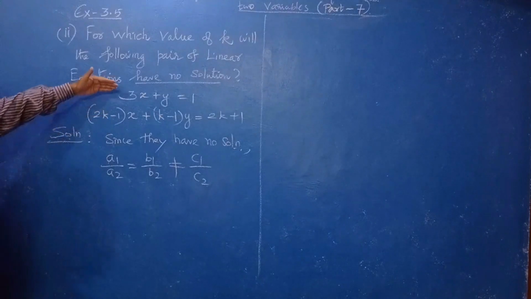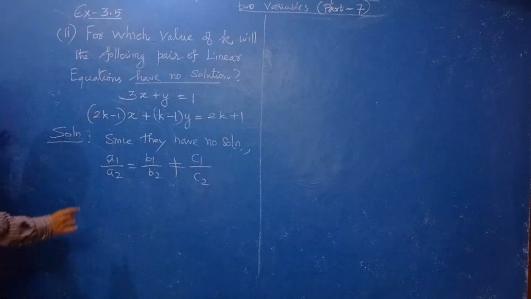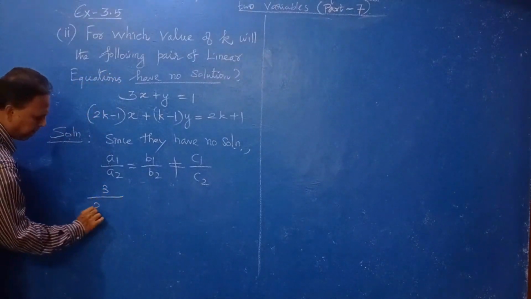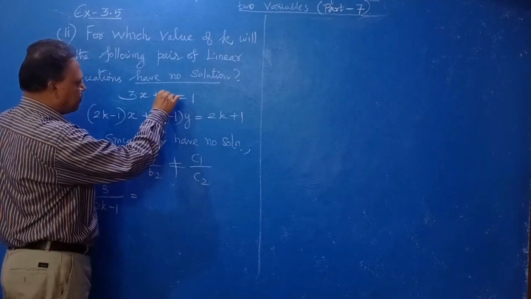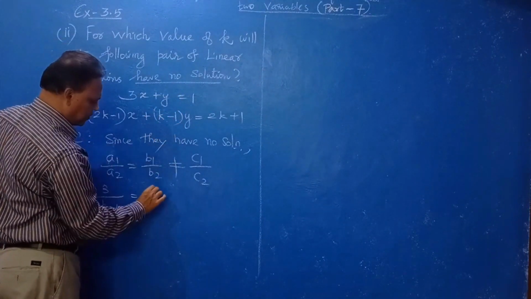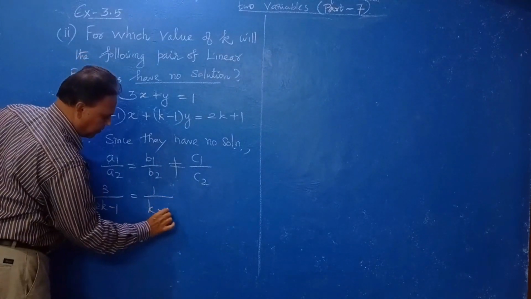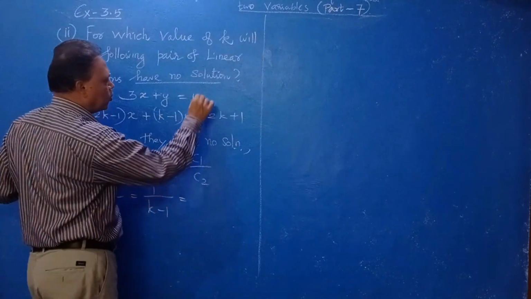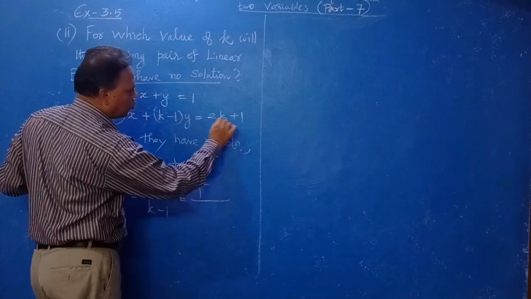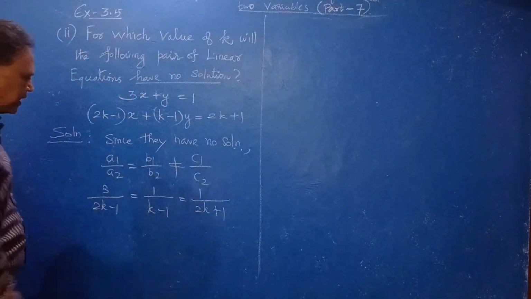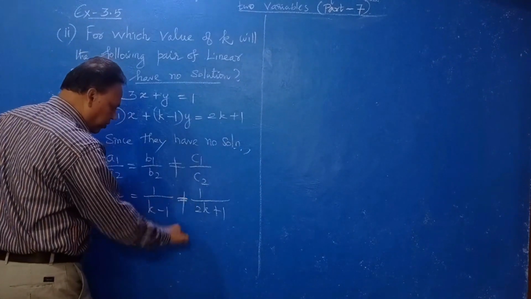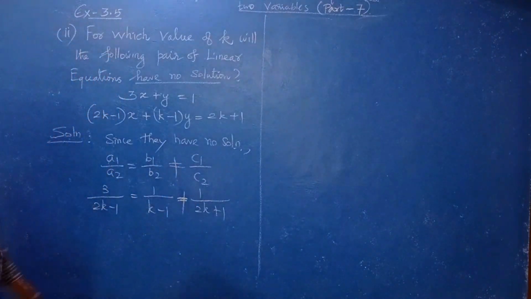Just replace it. What is a1 by a2? 3 by 2k minus 1. 3 by 2k minus 1 is equal to b1 by b2, which is 1 by k minus 1. That is not equal to c1 by c2, which is 1 by 2k plus 1. It is not equal to, you have to do as it is.